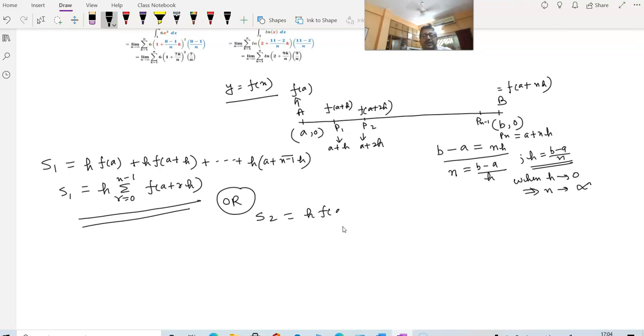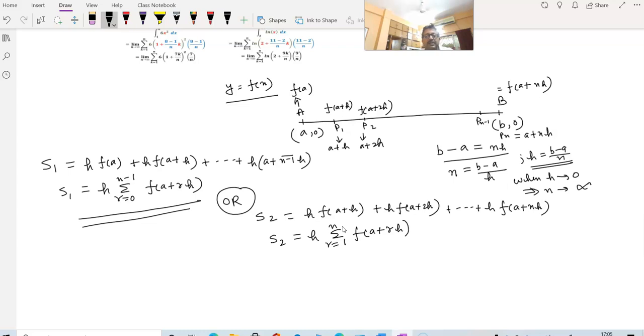So this will be h f(a plus h), h f(a plus 2h), and the last one h f(a plus nh), so this is h sigma, r equal to 1 to n, f(a plus rh).